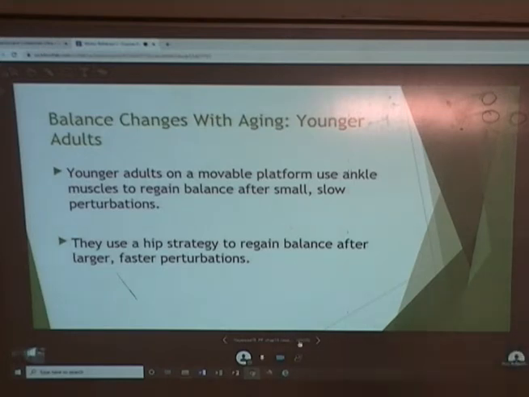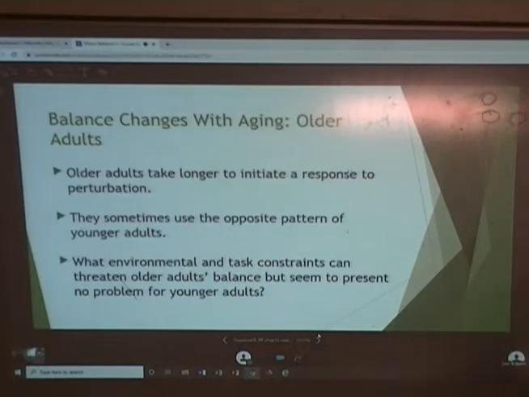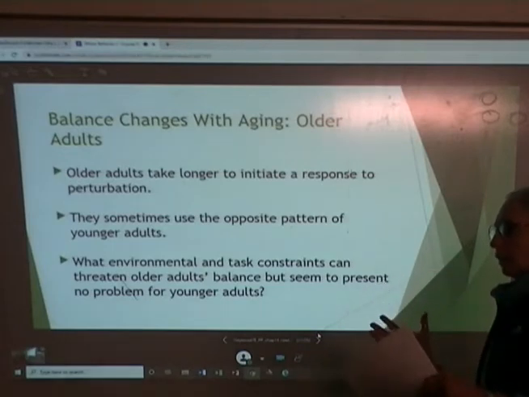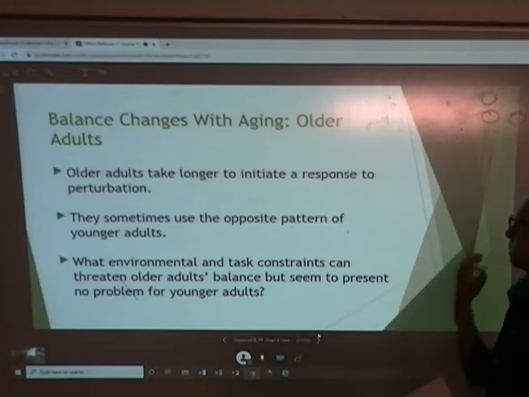That's interesting because what we see with older adults is some information that gives us some idea why it's so much harder to keep older adults on balance, right?